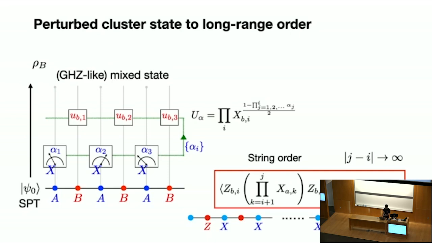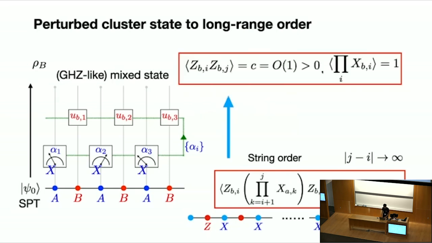So the claim is you can generate a long-range order on sublattice B. In particular, if you consider the 2-point function for the final state you have, you're going to see some non-zero order one number. In particular, this non-zero order one number is exactly the original string order parameter. So it's just the same constant.